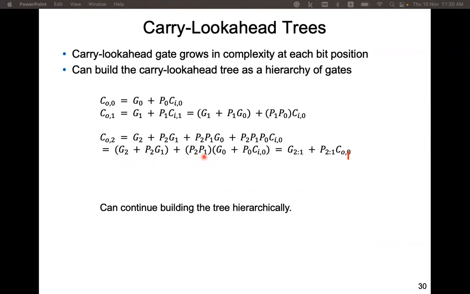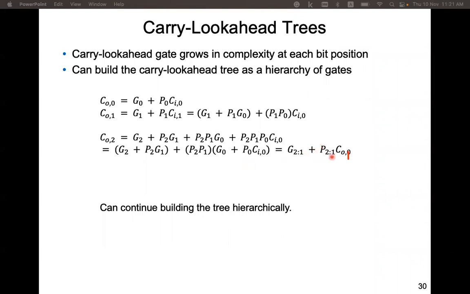And this is the group propagate. It's a product of the individual bits' propagate signals. And then this is the group's input carry. So we can continue building the tree hierarchically.